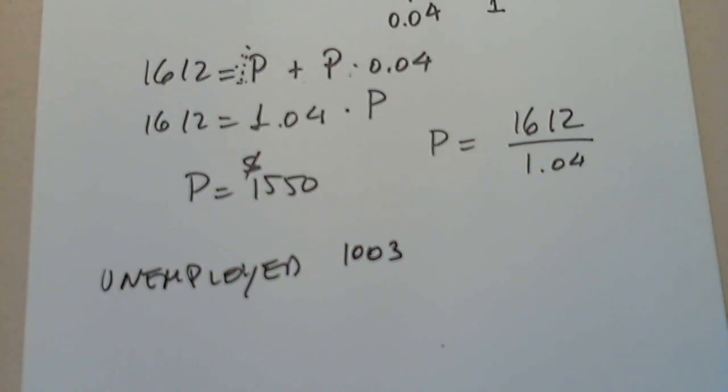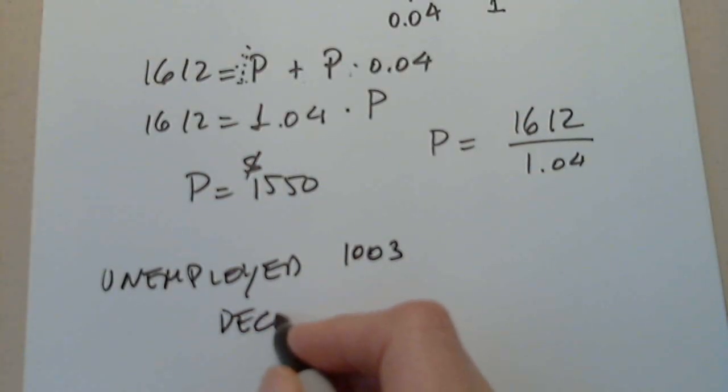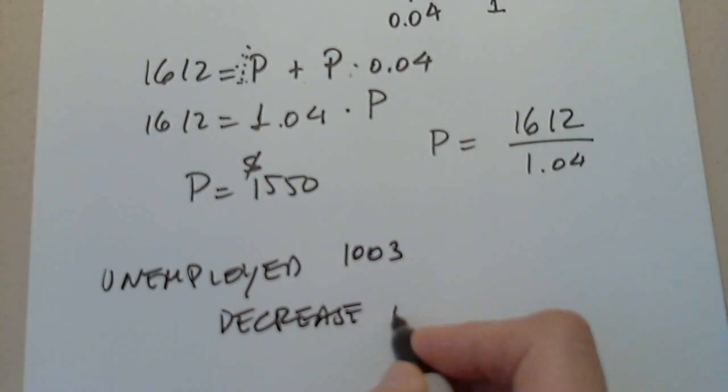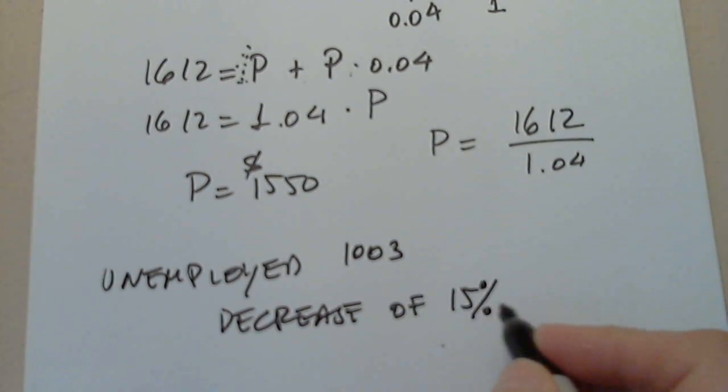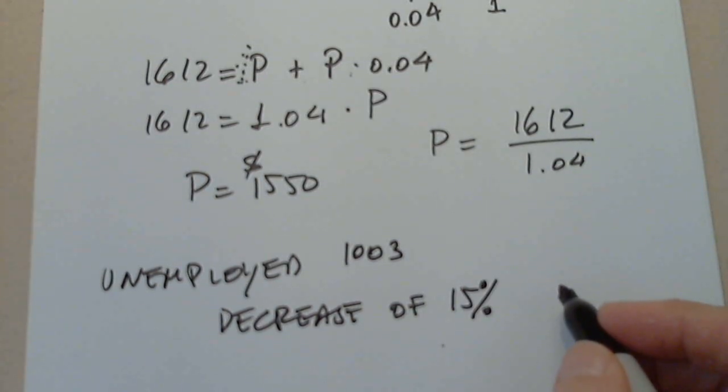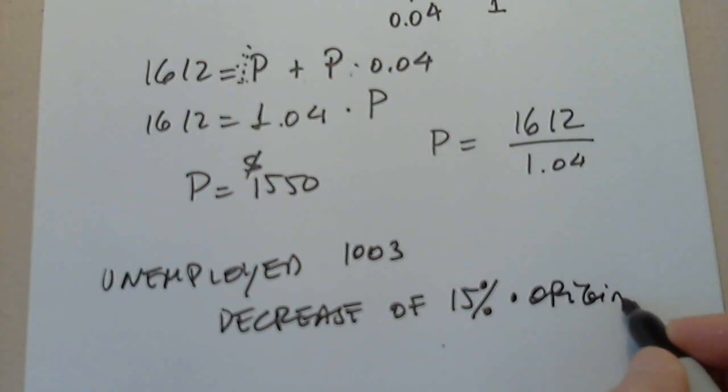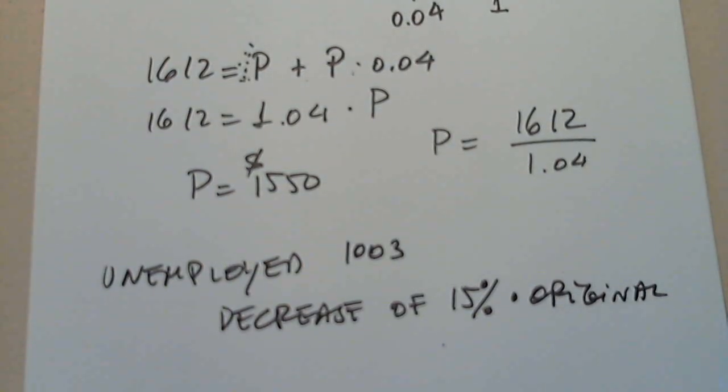This is a decrease of 15% from the previous month. How many residents were unemployed in the previous month?